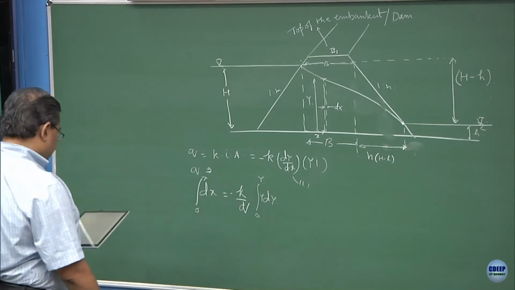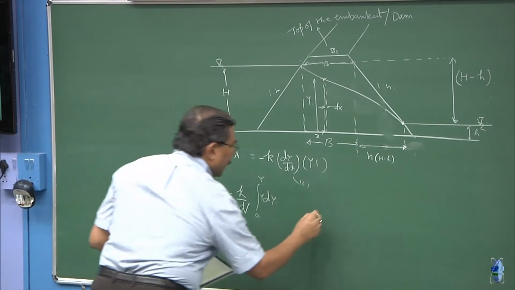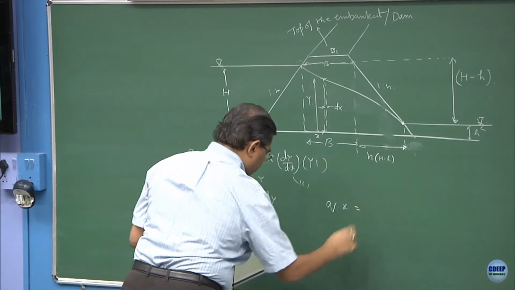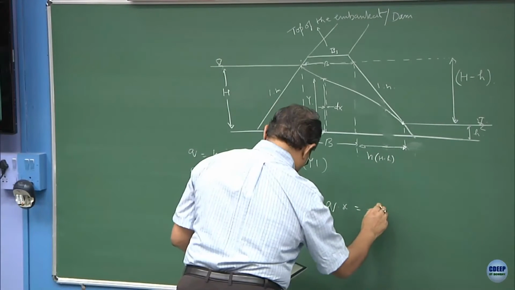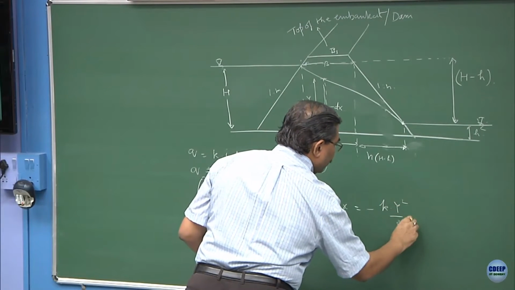If you solve this expression, you will get q into x equal to minus k y square upon 2 plus c.